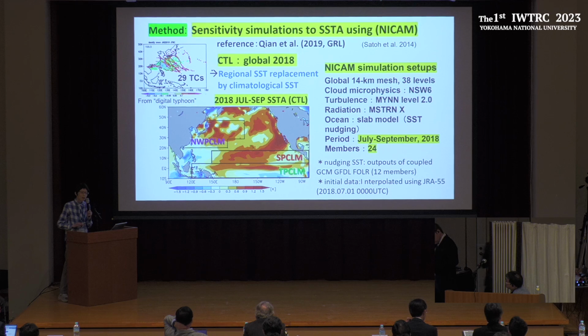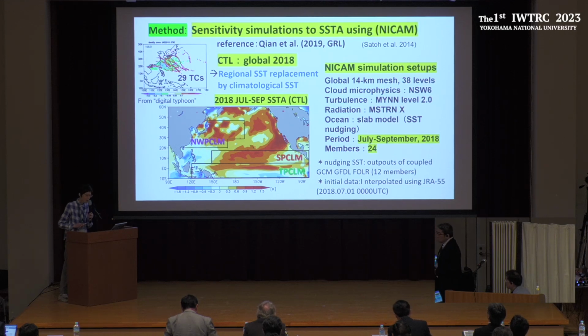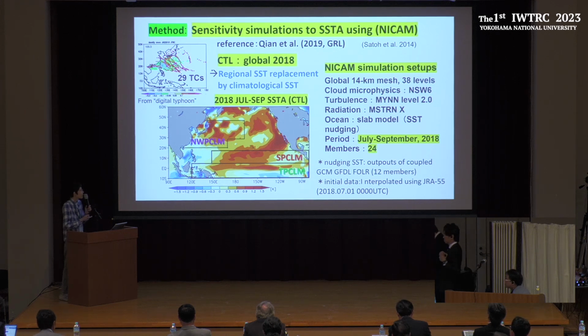For this purpose, we conducted sensitivity simulations using the global non-hydrostatic model NICAM, an ensemble simulation of 24 members for each case. We look into the 2018 case. This year, the sea surface temperature anomaly has a warm anomaly in the central to eastern tropics, the central Pacific subtropics, and in the mid-latitude.